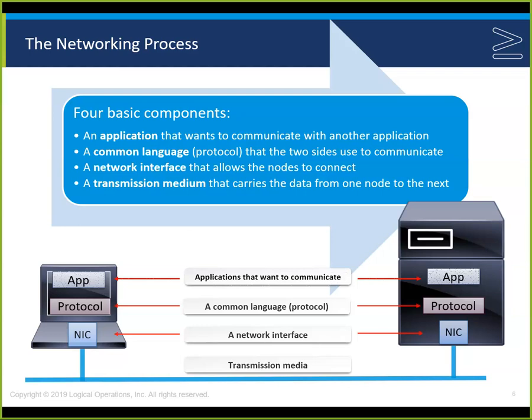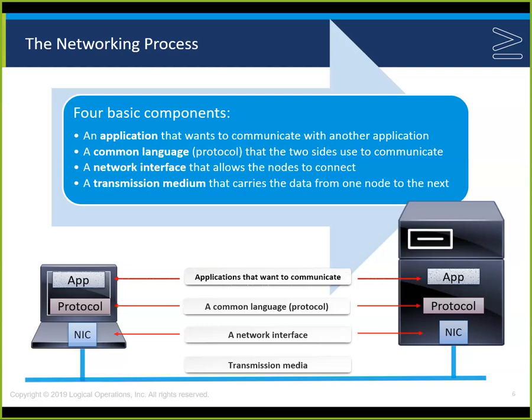So we had an application, LinkedIn. We had somebody that had something, wanting to communicate with another application. They wanted to communicate with me, and I wanted to communicate with them. And then we had a common language, a protocol, and the common language that we used to communicate was English.